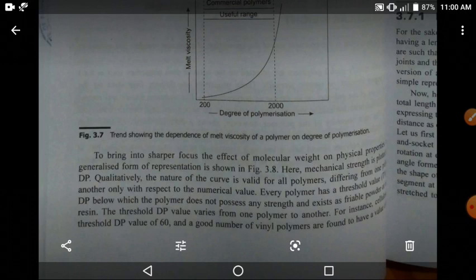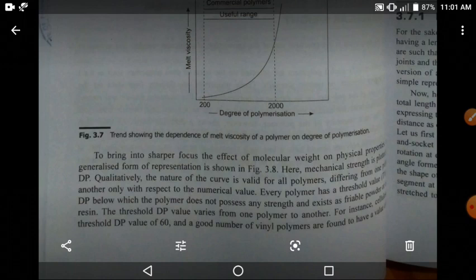Mechanical strength is a function of degree of polymerization, and qualitatively the nature of the curve is valid for all polymers, differing from one polymer to another only in the numerical values. Each and every polymer has a threshold value.